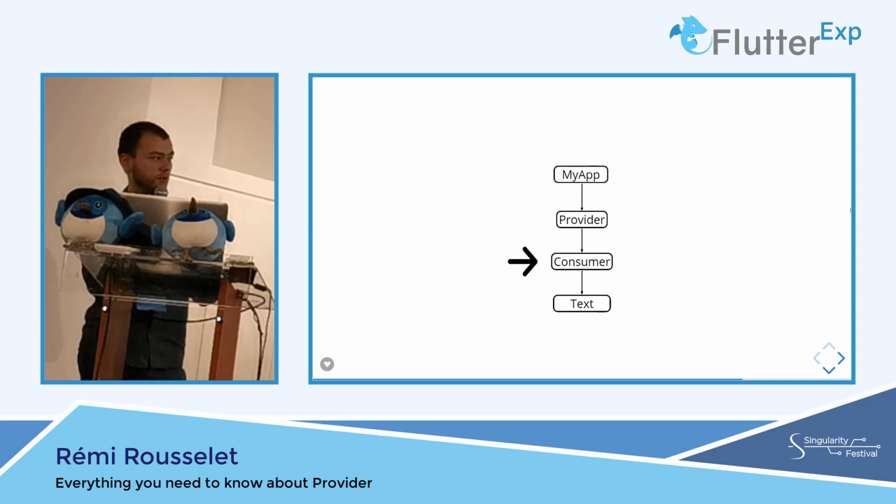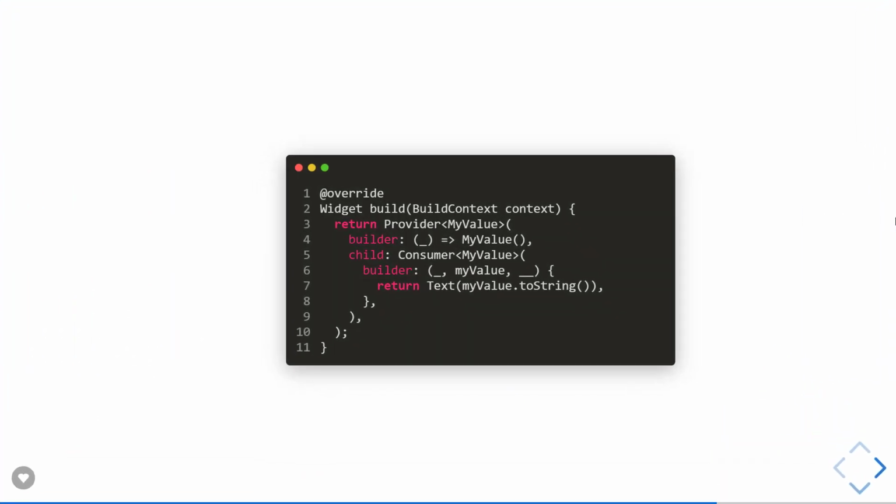We will instead use the context of this one, and this one is a descendant of provider, so it will be able to correctly obtain the provider. So our previous code could be changed to this: provider, then child consumer, which specifies the type of the objects that we want to obtain. And then it takes a function that creates a widget tree based on the variable obtained. And then it works.